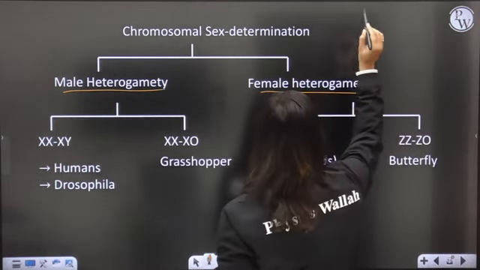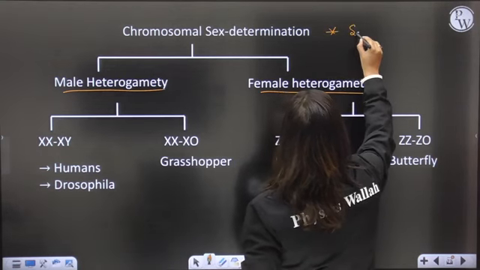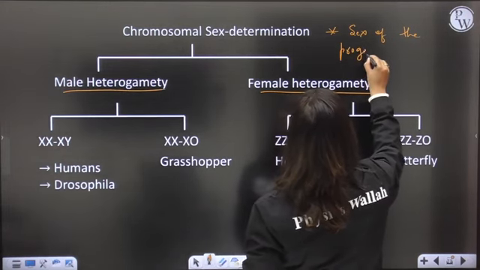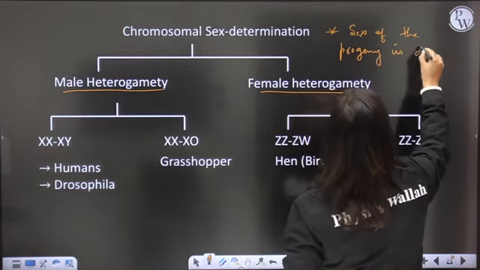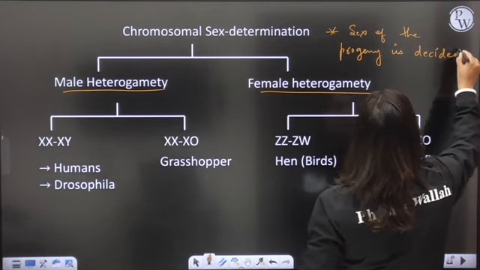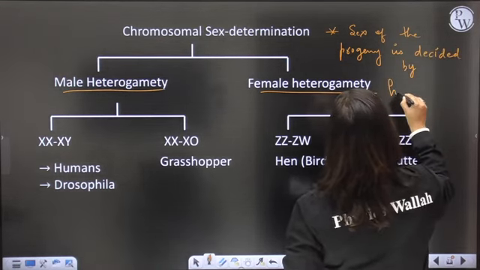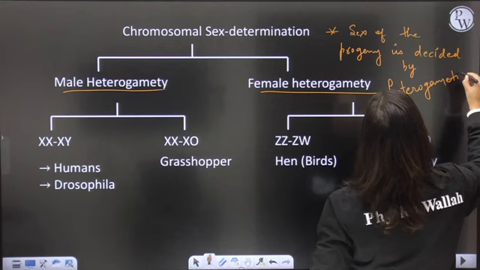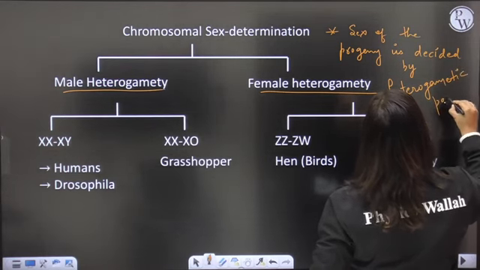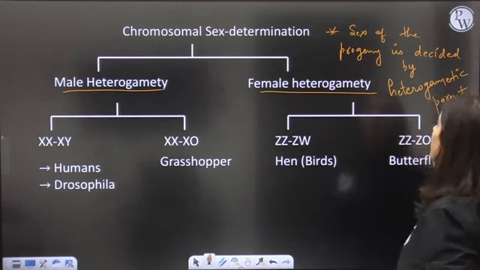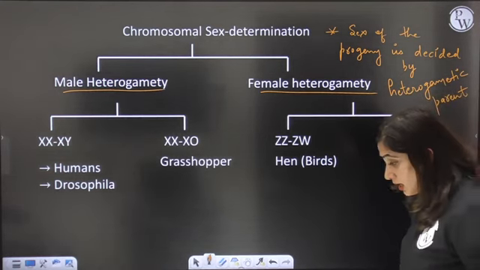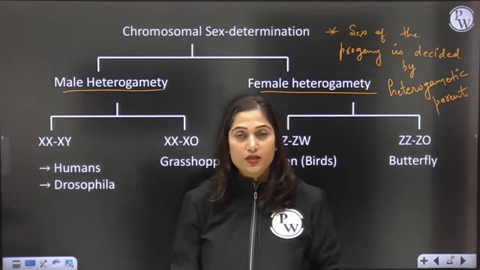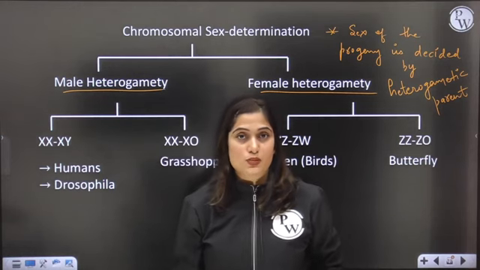Now what is heterogamety? Always remember beta, the sex of the progeny is decided by the heterogametic parent. Let's take the example of humans. Females are 44 plus XX and males are 44 plus XY.